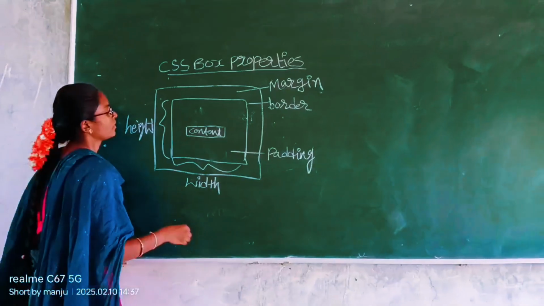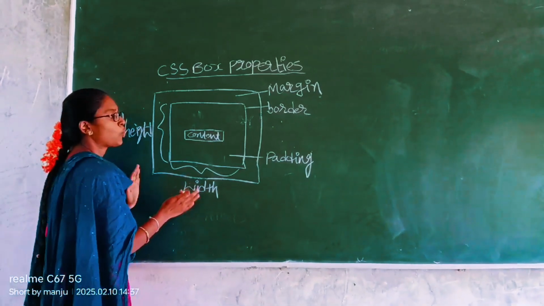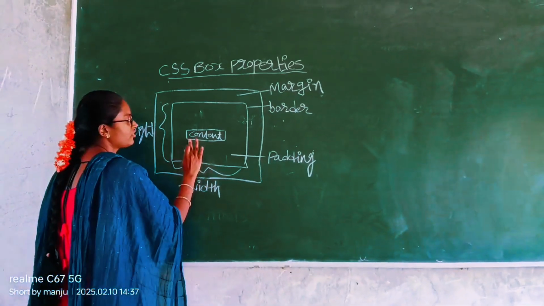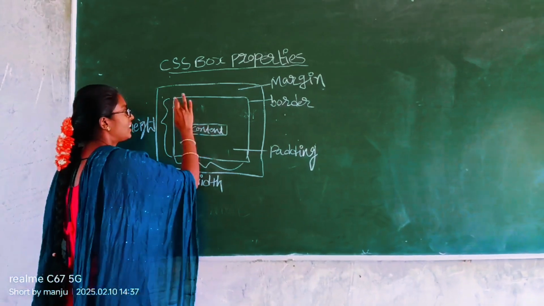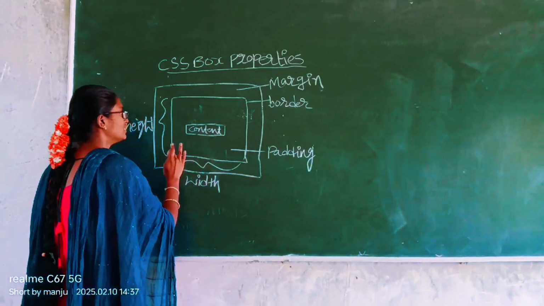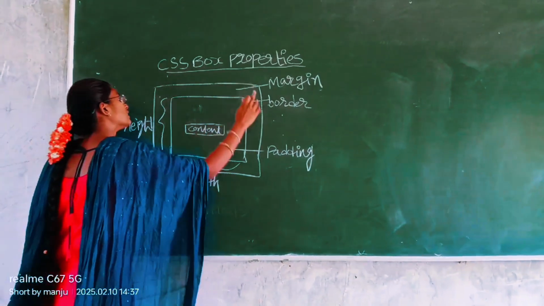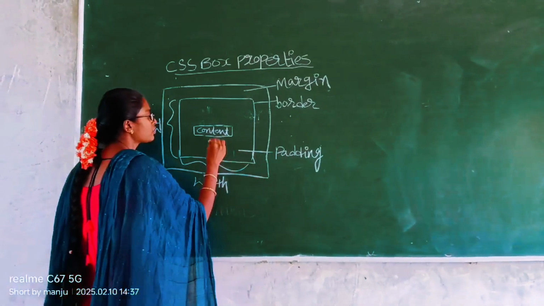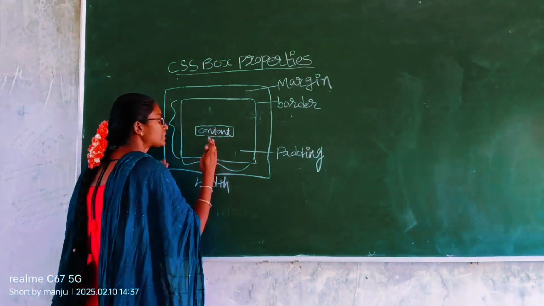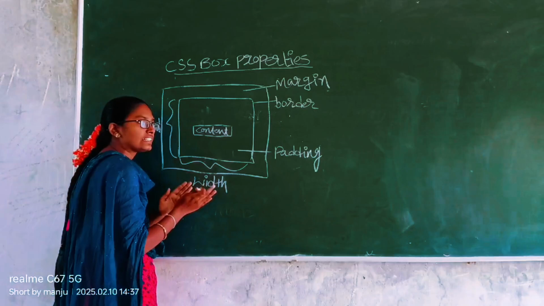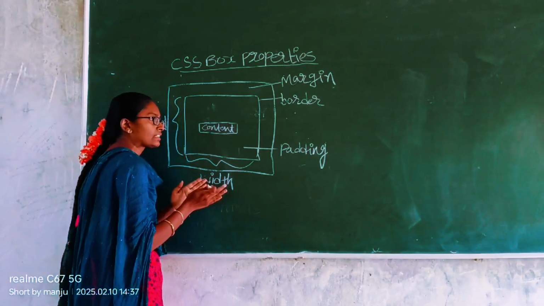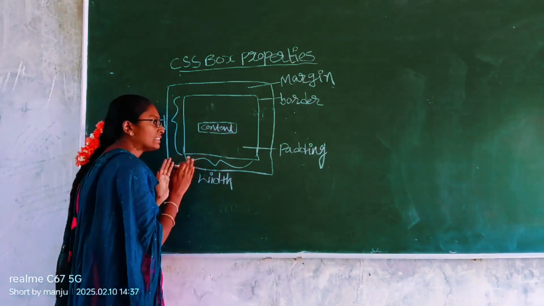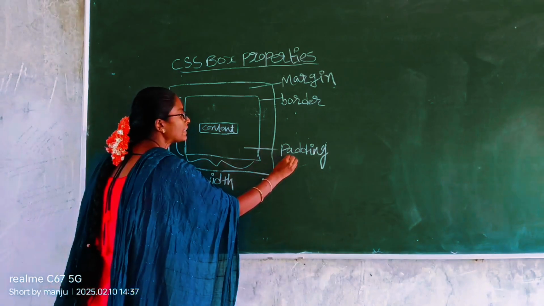This will be the CSS box properties, where we write the content here and have one box and another box above it. If we want space between content, like heading and paragraph, heading and button, we use the padding property.